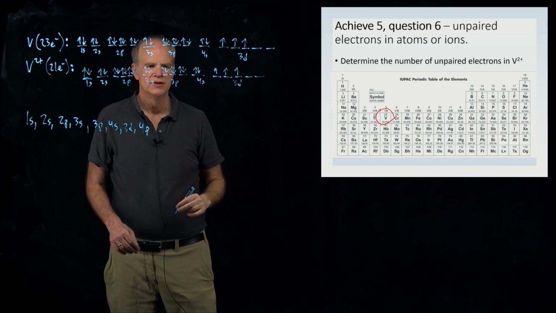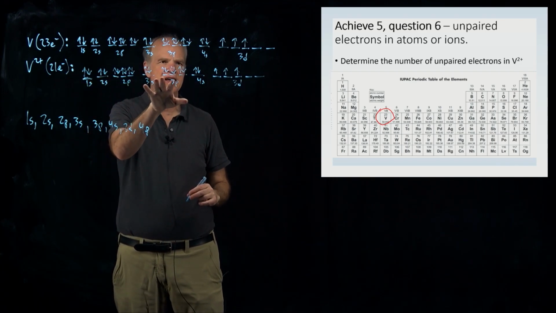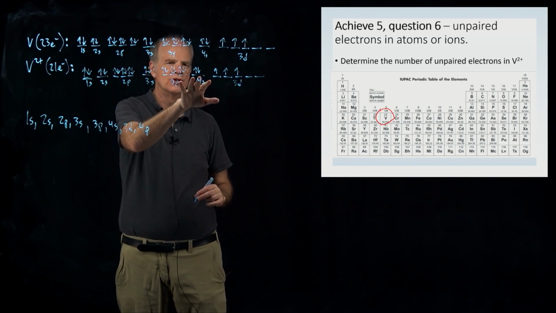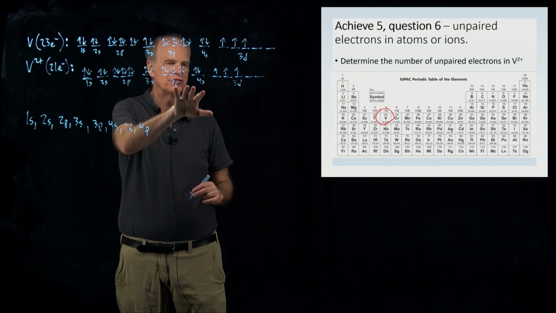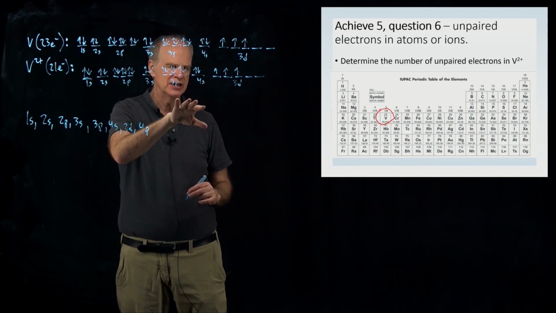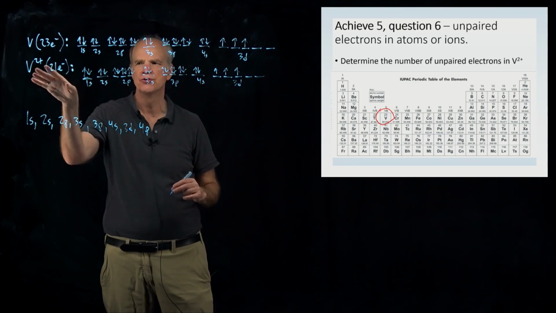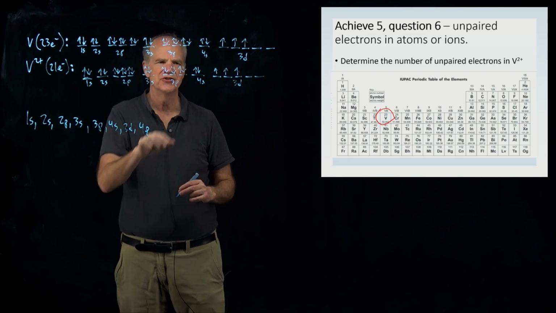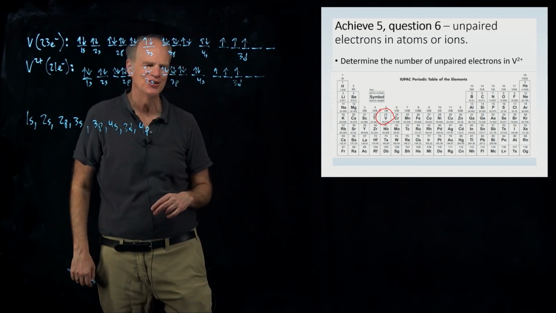Okay, so what I've done is I've written out again the vanadium orbital notation. But what I want to do is remove electrons from it to show you what the vanadium 2+ cation looks like. And so you have to remove 2 electrons from this orbital notation for the vanadium 2+ cation so that we're down to 21 electrons. So you have to figure out which 2 electrons to remove.